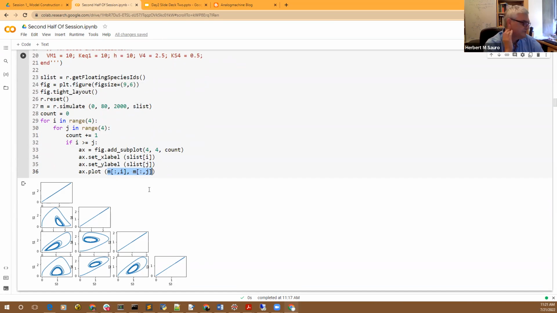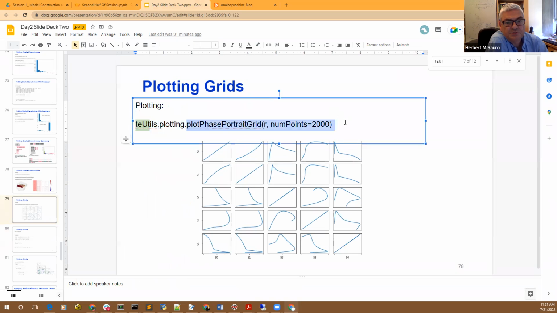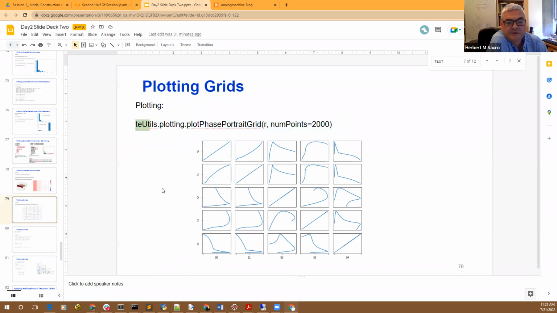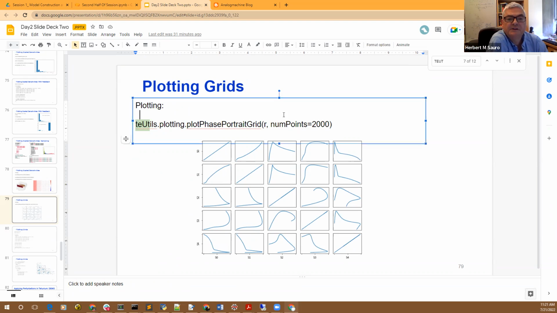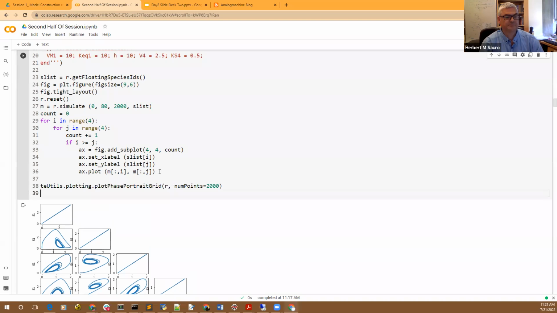So with Python you can do lots of things like this. In some cases we've tried to give you ready-made things that you can use without having to do all the programming, and this one gets the labels correct. Maybe if I did that instead, let's try that.